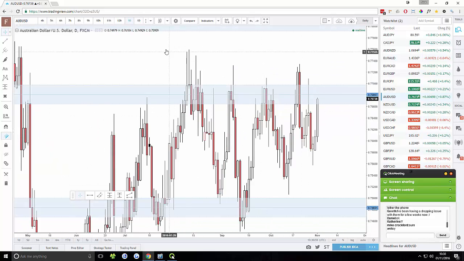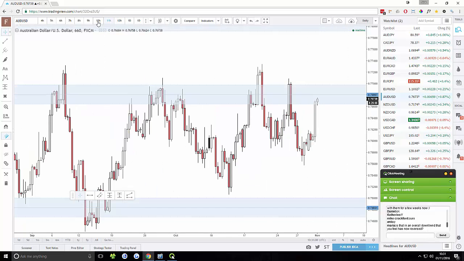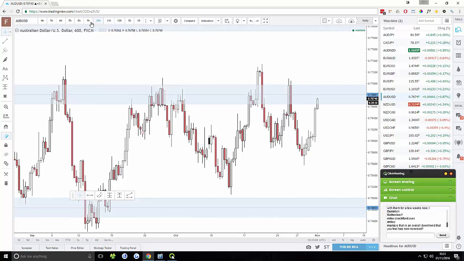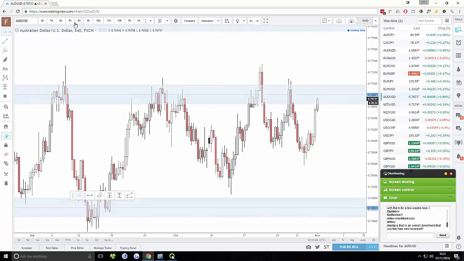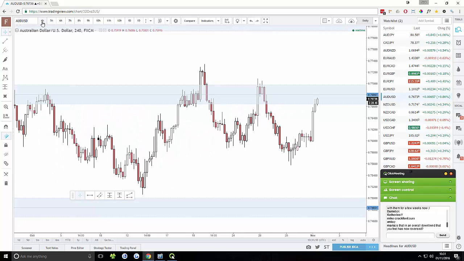AUD USD, what's that doing? Sitting on resistance, that's good. Right, AUD USD is actually somewhat interesting.